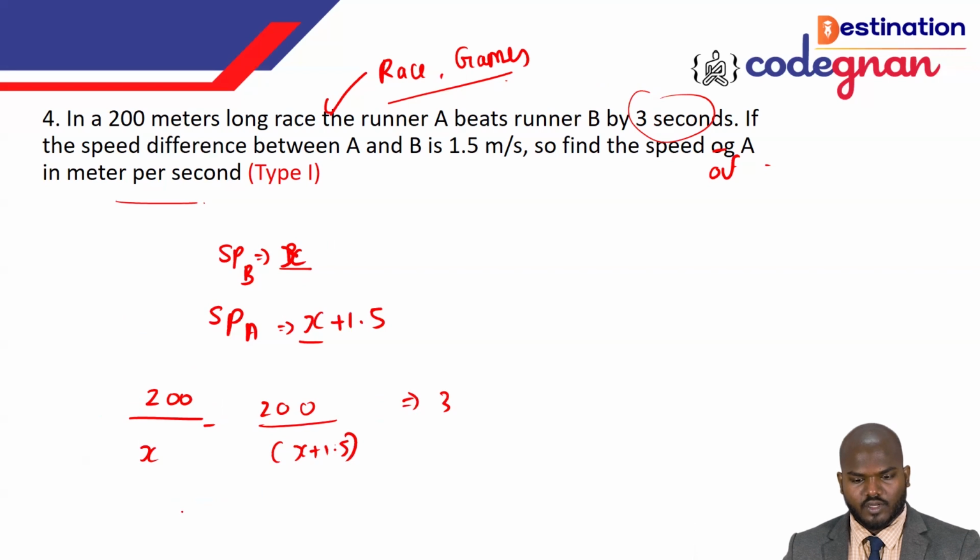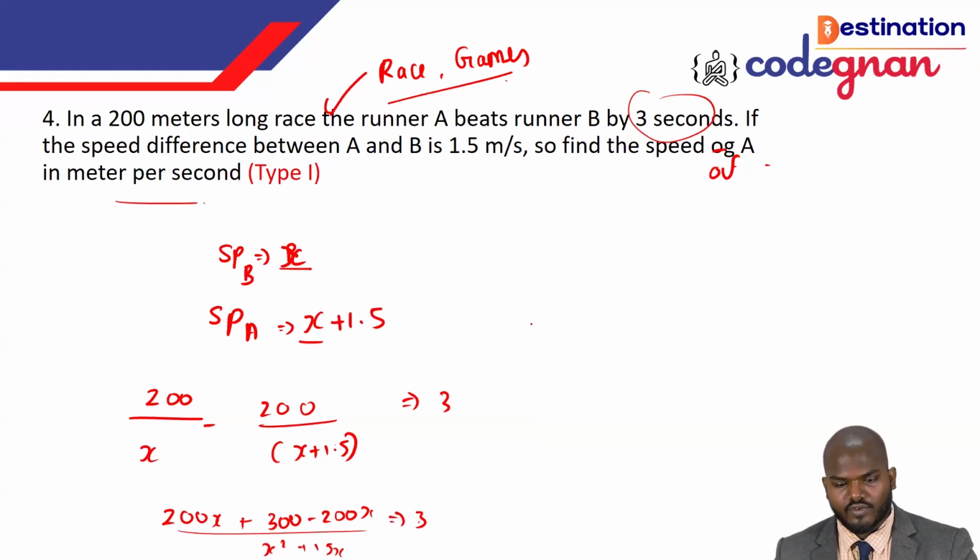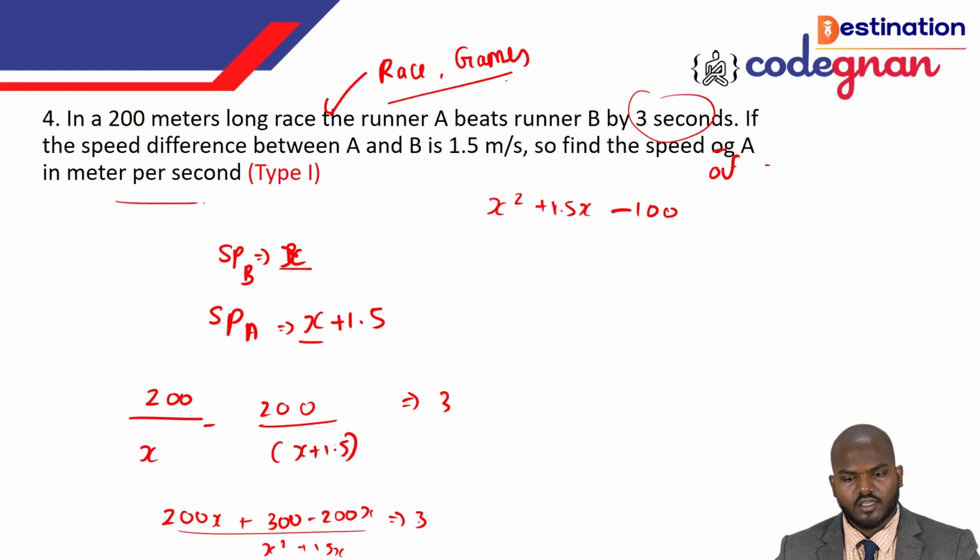If you solve this one, guys, you get 200X plus 300 minus 200X over X square plus 1.5X is equal to 3. If you resolve everything, you will get the form X square plus 1.5X minus 100 is equal to 0.